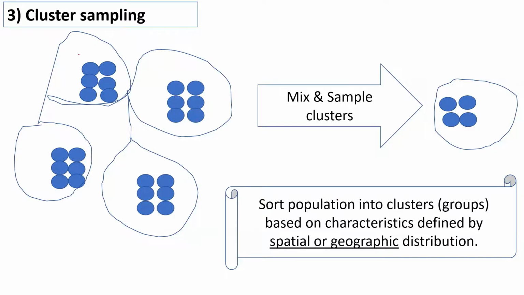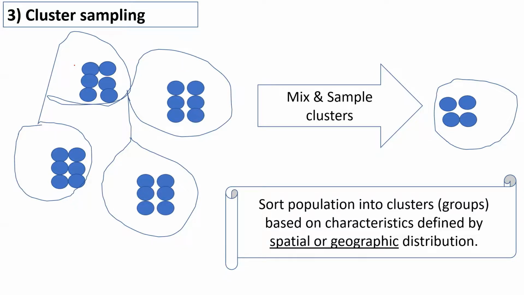So a group of population in a cluster will have certain characteristics that are linked by virtue of their spatial or geographical distribution, by virtue of your location, where you are located.